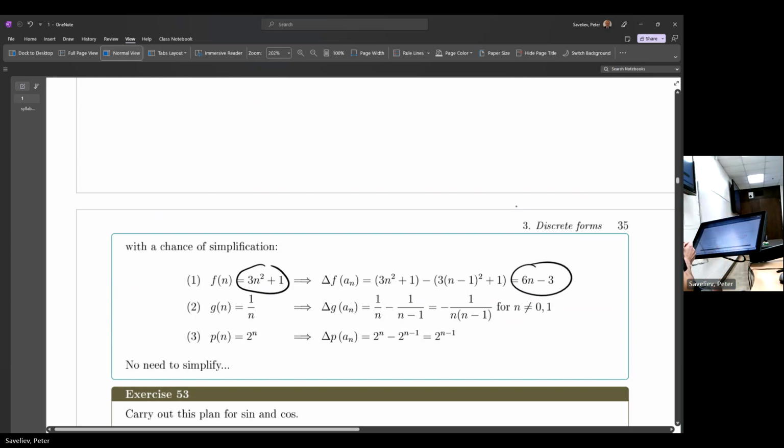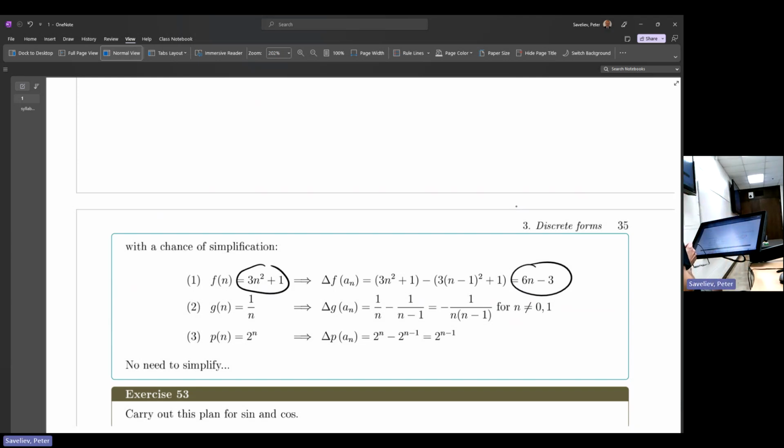Calculus 1. 3n squared plus 1, 6n minus 3. Especially looking at the first two terms, what's the relation? It is the derivative, right? So not by coincidence. We're talking about the same thing, except we just did not get to the limit yet. But otherwise, they're already there.